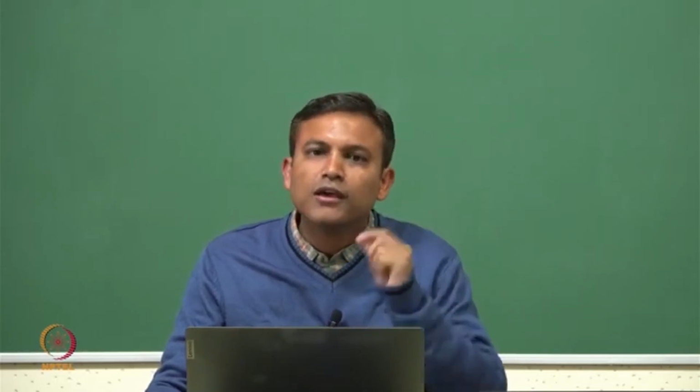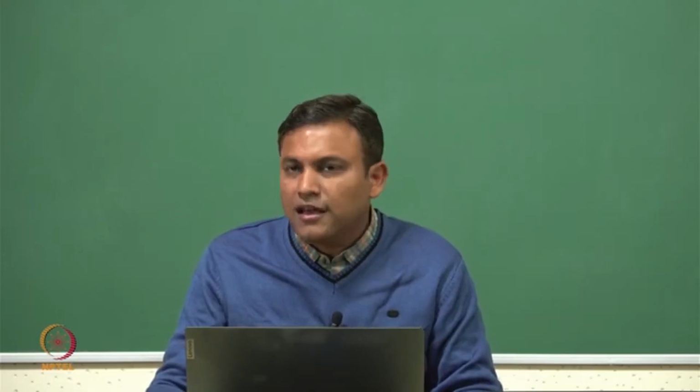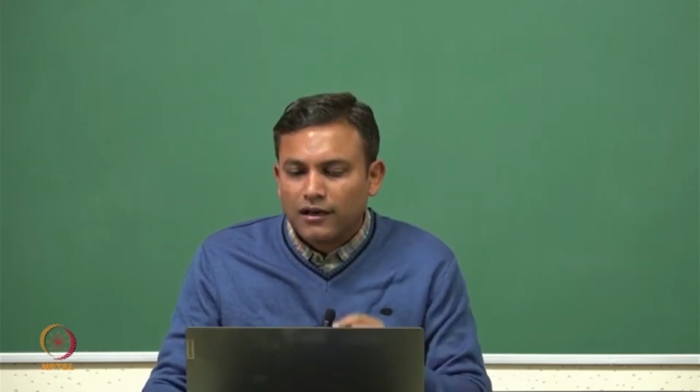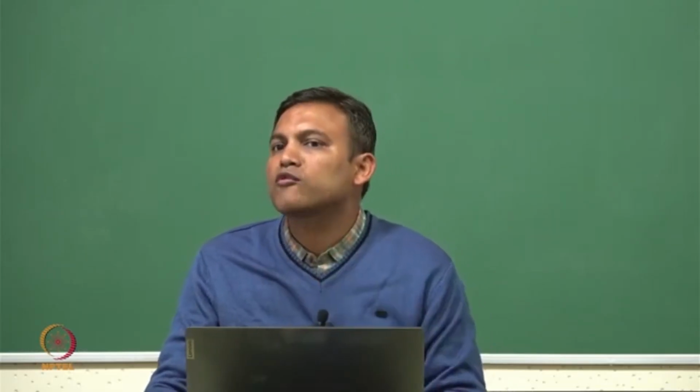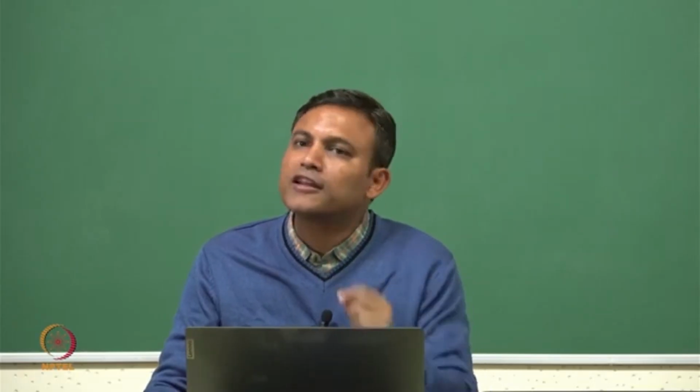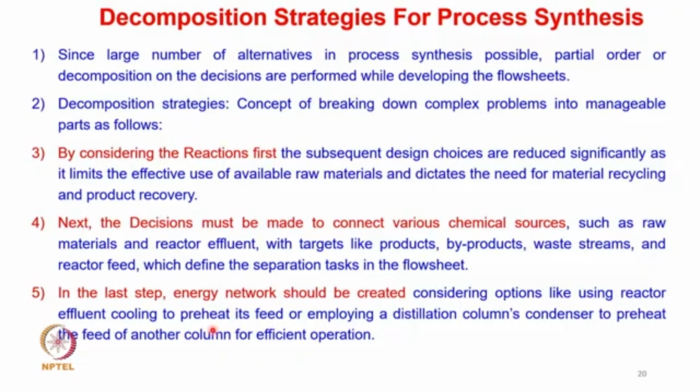That can improve the energy efficiency. Another option which is used regularly is, when we are using the condenser in the distillation column, this condenser can be used for preheating the feed for the next distillation column. So both these options can increase the energy efficiency of the process. So these three steps are performed for decomposition of the process synthesis.